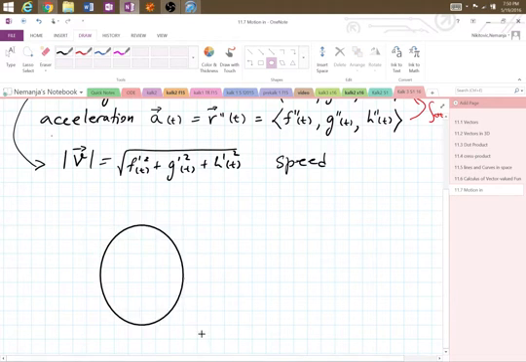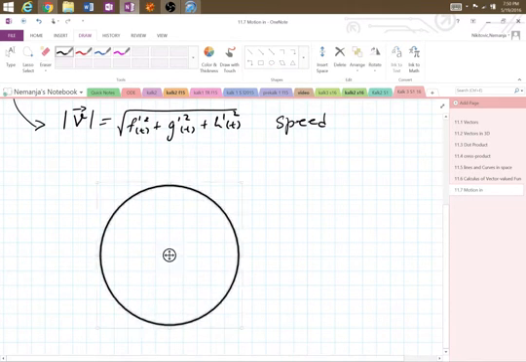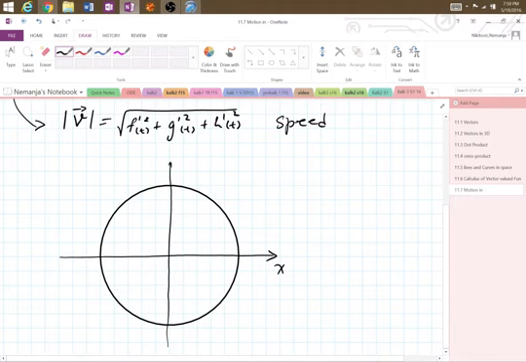I became really amazing. And this circle has radius of 5 units.